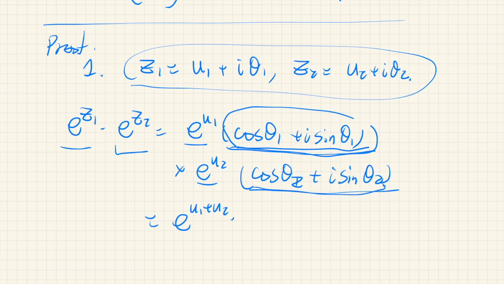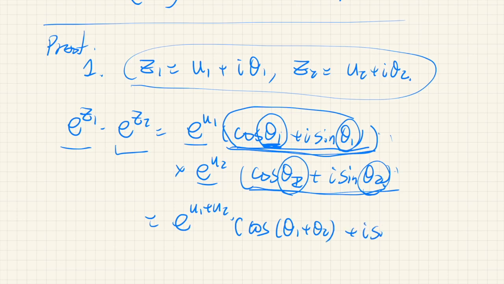So that means they represent rotation by these angles, right? And if we multiply them, then we rotate by theta 1 plus theta 2. Alternatively, you can use the trigonometric identities. But anyway, the result should be cosine of theta 1 plus theta 2, and i sine of theta 1 plus theta 2.